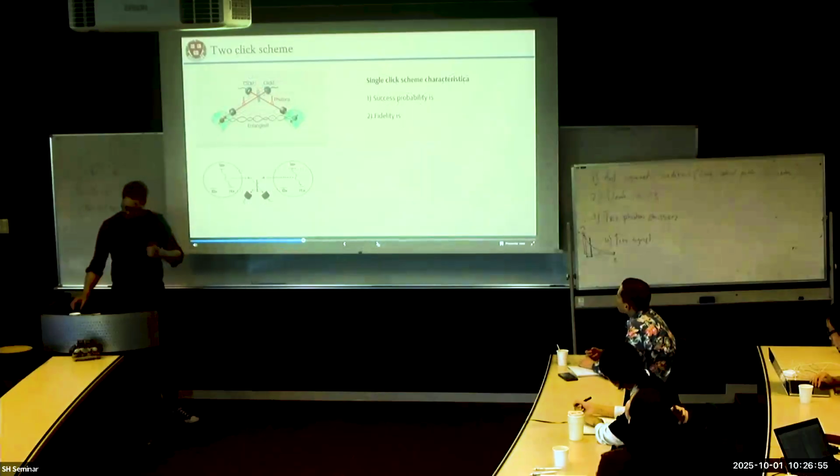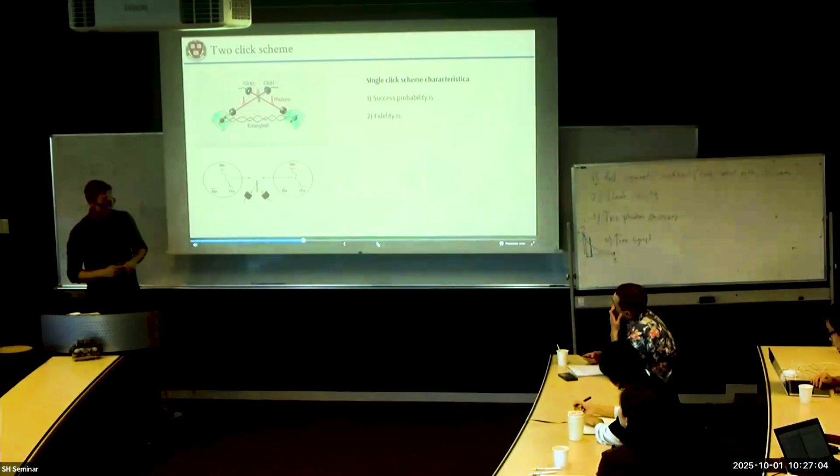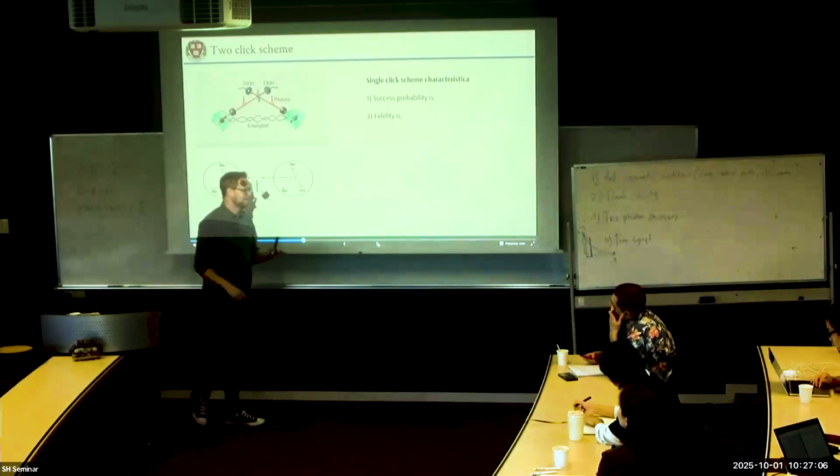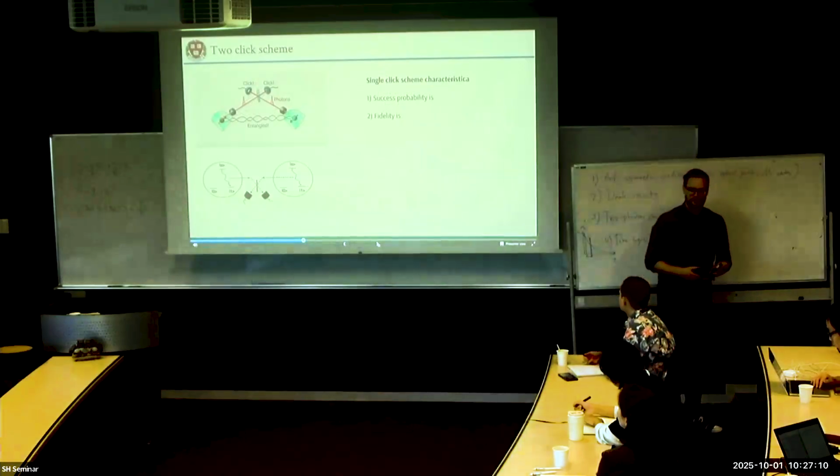Okay, so let's go a little bit through this, but we don't need to do it as carefully as we did before, because many of the things are very much the same. You have loss, you model it exactly the same way.